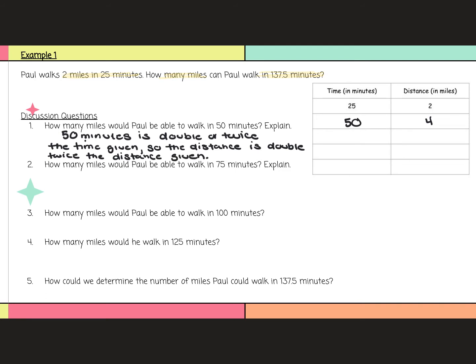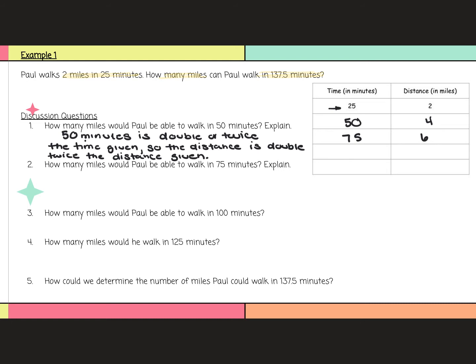Now it says, how many miles would Paul be able to walk in 75 minutes? If we look at the given time of 25, we can see that 75 is 3 times as many as 25. Therefore, we multiply the 2 by 3, so it will be 6 miles in 75 minutes.